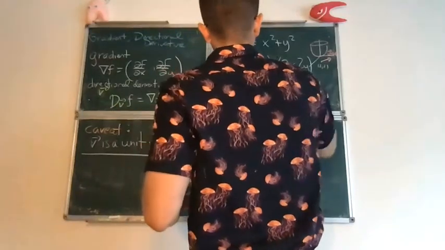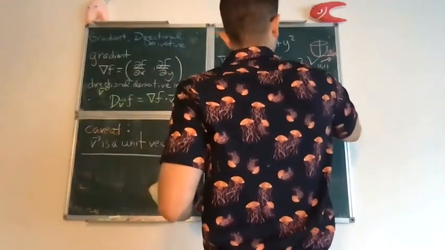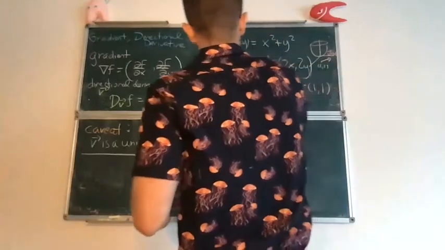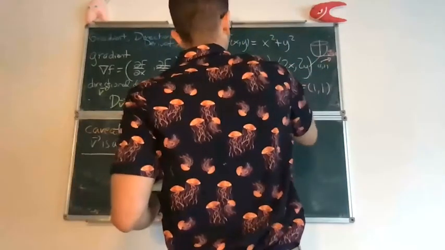So for this vector at p equals (1, 1), find the directional derivative.